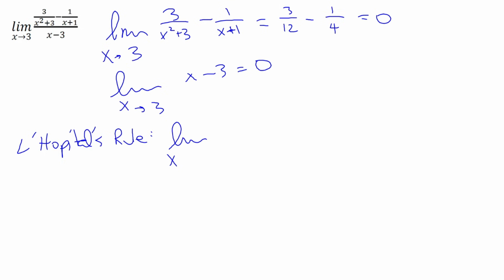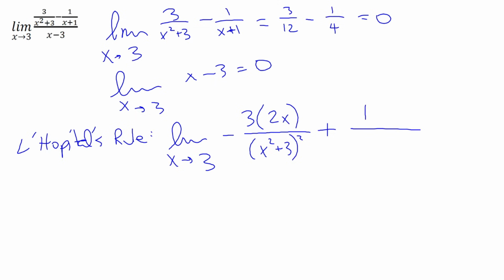giving us a limit as x approaches 3 of the derivative of 3 over x squared plus 3, which will be the opposite of the constant times the derivative of x squared plus 3 over x squared plus 3 squared. And then minus the opposite of that constant, 1, times the derivative of x plus 1, all over x plus 1 squared.